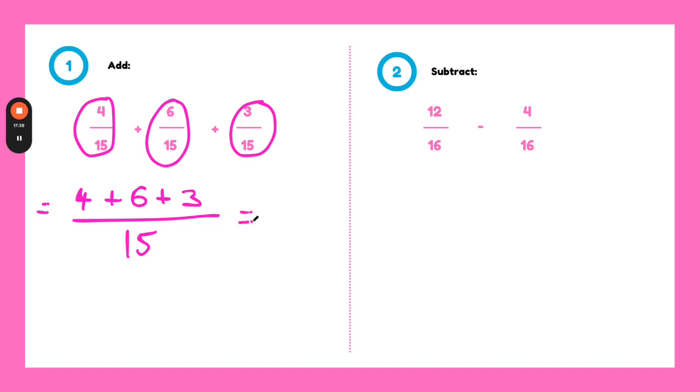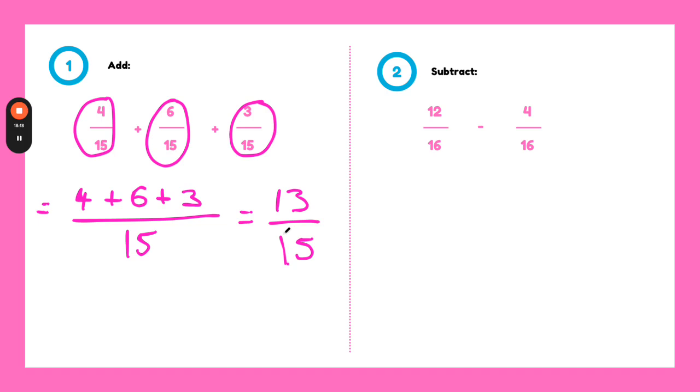So we just add 4, 6, and 3 together, and this will be over 15. We keep the denominator the same. So 4 plus 6 is 10, and 10 plus 3 is 13. So our answer to 4 over 15 plus 6 over 15 plus 3 over 15 is 13 over 15.